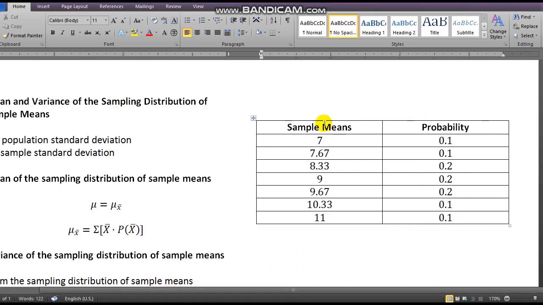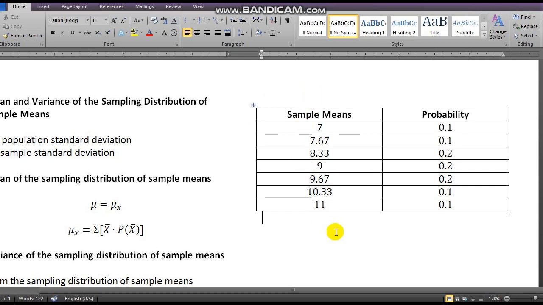Let's have an example here. We have a sampling distribution of the sample means. We have 7, 7.67, 8.33, 9, 9.67, 10.13, 11 as our sample means, and the probabilities are as follows. Technically, there is 1/10, 1/10, 1/5, 1/5, 1/5, 1/10, 1/10.